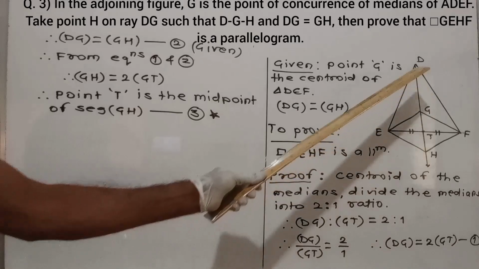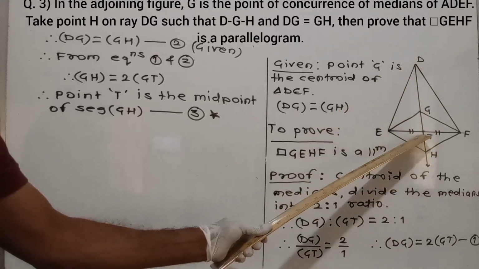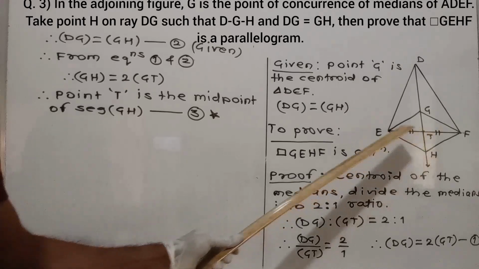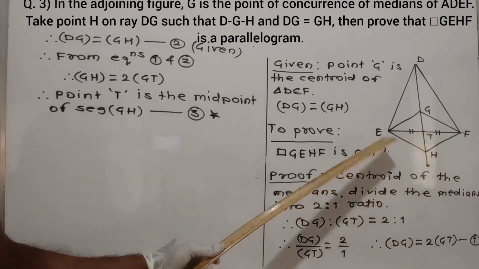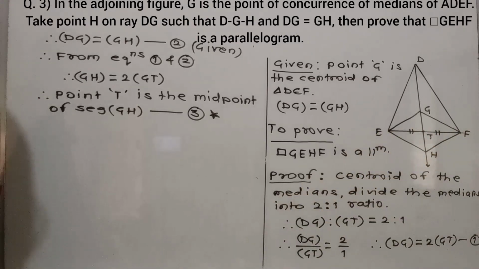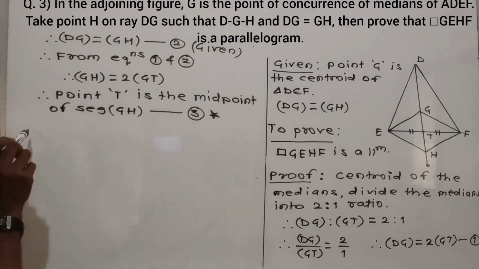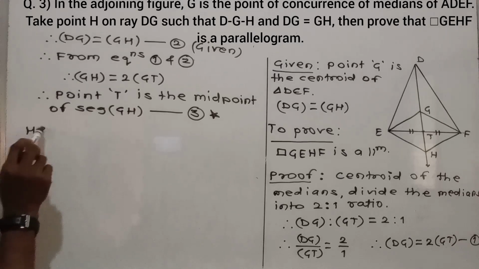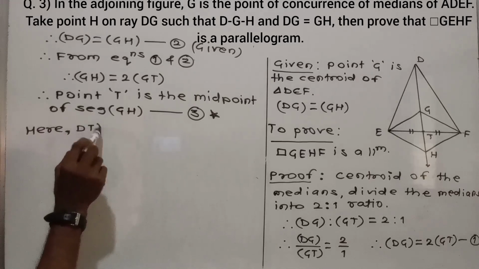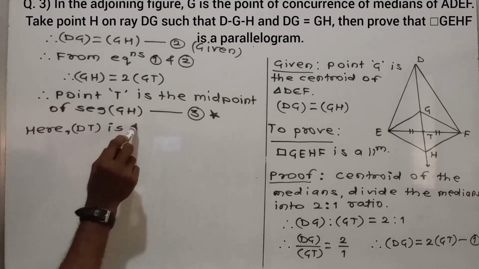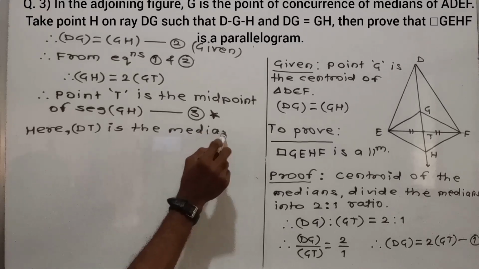Okay, now see this. DT is the median drawn on this side EF. Therefore, T is the midpoint of segment EF. Did you get it up to this? Here DT is the median.